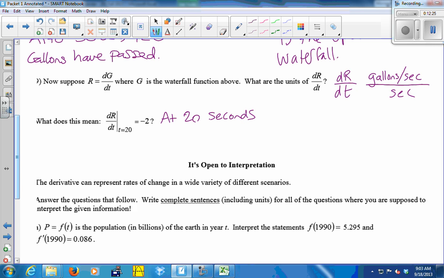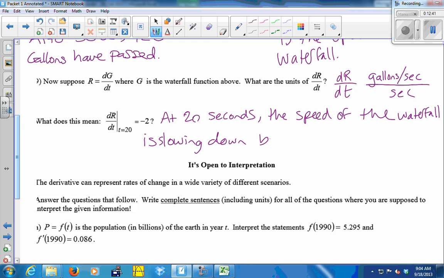The speed of the waterfall is slowing down by 2 gallons per second per second. So every second that passes, the speed is being decreased by 2 gallons per second.